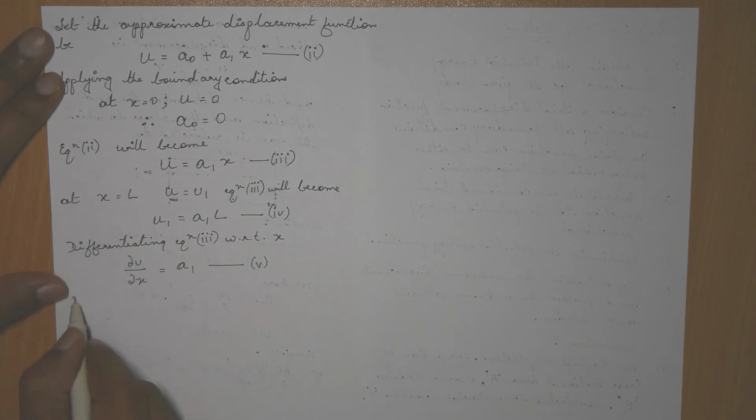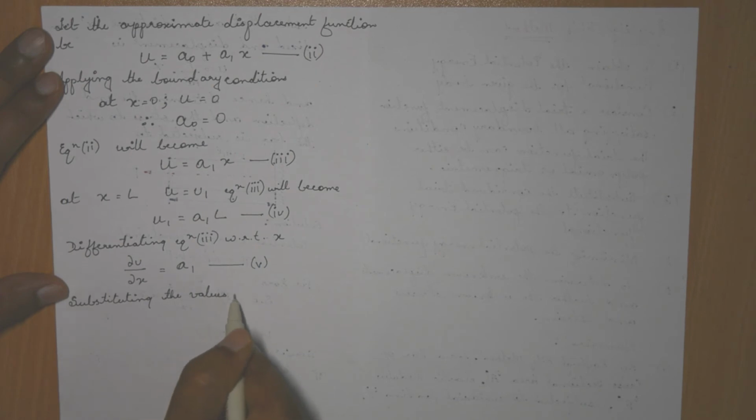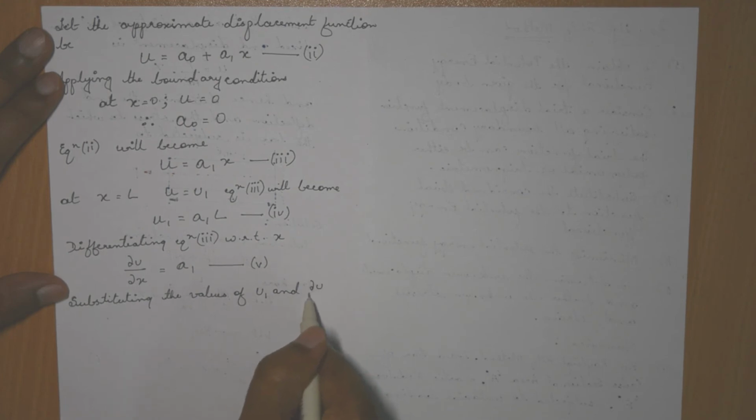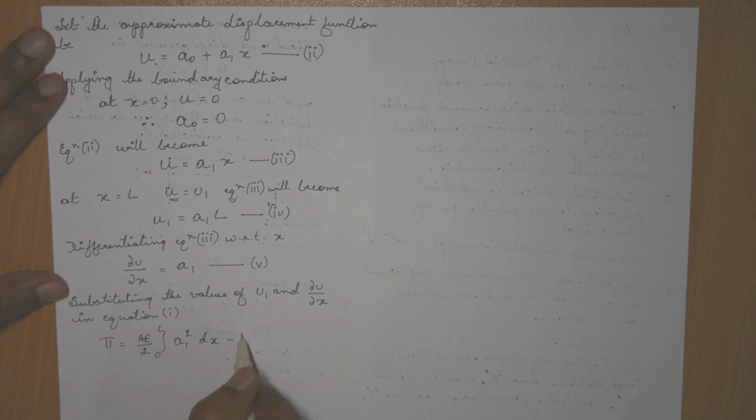So substituting the values of U1 and dou U by dou x in equation 1, we get pi equals AE by 2 integral 0 to L of (dou U by dou x) whole square, which is now A1 square, dx, minus P into U1.